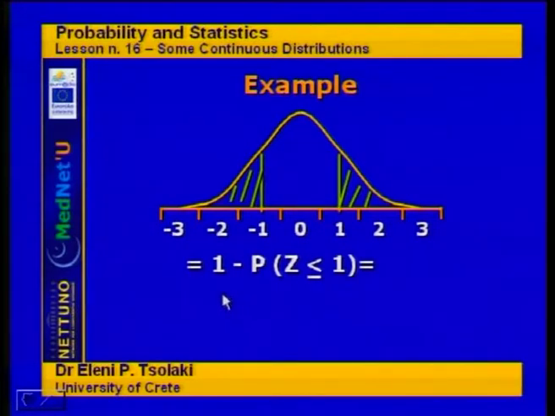So if we have a table like this, we change the probability of z greater than 1 to 1 minus the probability of z less or equal to 1. All the area under the curve should be 1.